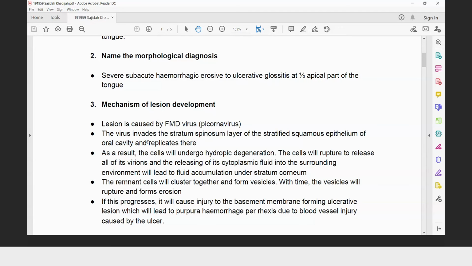So easily this one is 95% correct, but not 100% unfortunately, or maybe 90%, not 100%. Why? Of course, this point form is very acceptable and a very clear mechanism, because your mechanism there describes, at the end, severe subacute hemorrhagic ulcerative glossitis.